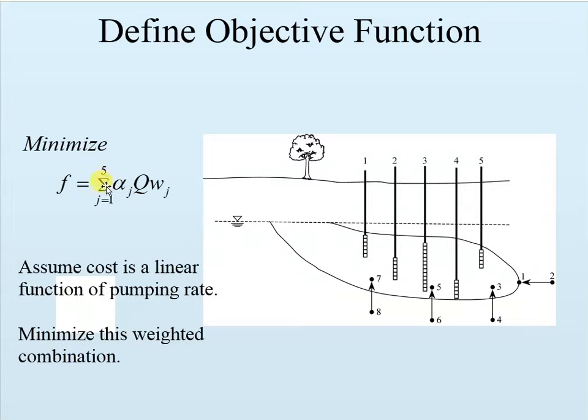I've added here a coefficient, which may imply some weighting amongst the 5 wells for some technical reason with respect to the treatment system. So the alphas would be assumed known.